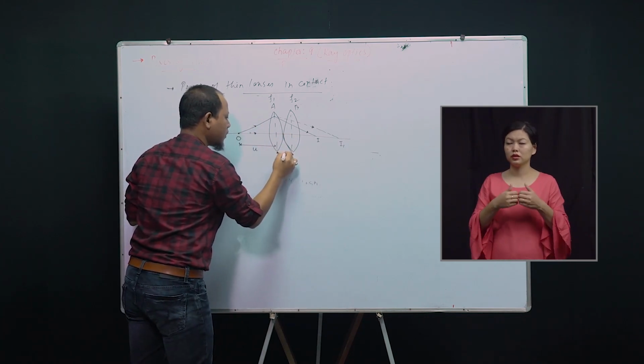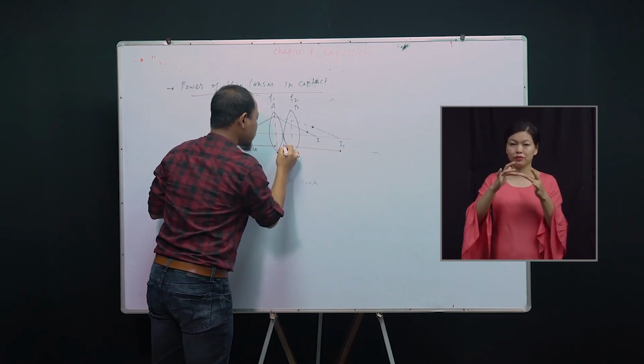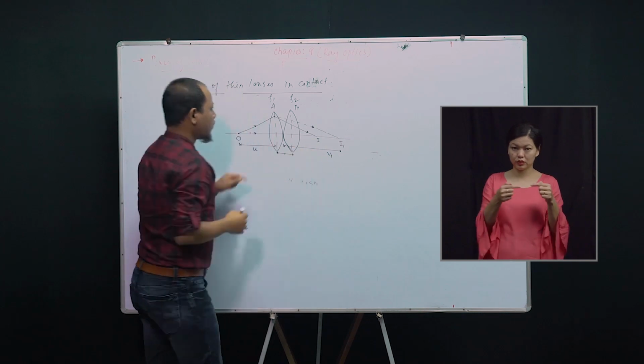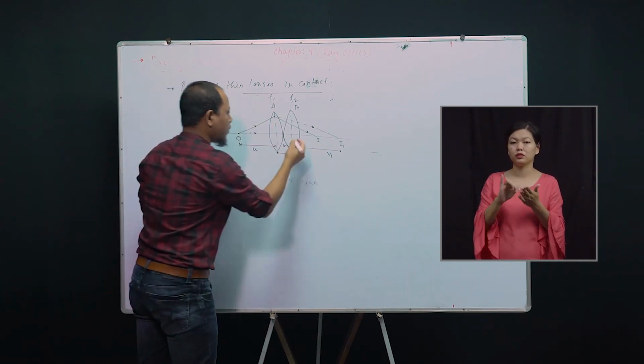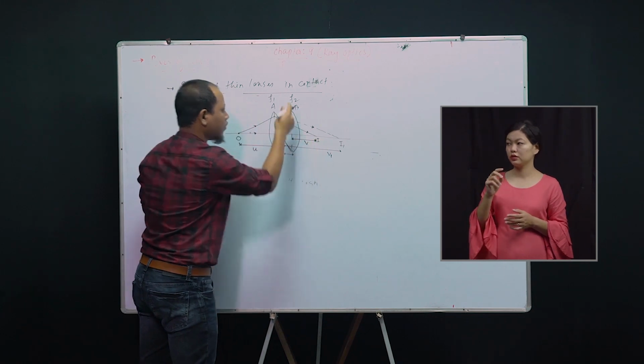This is the image distance for lens A, and I is the image distance for lens B.